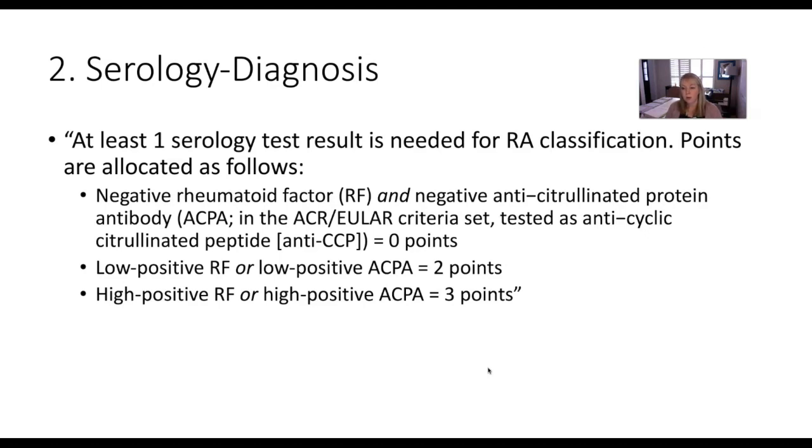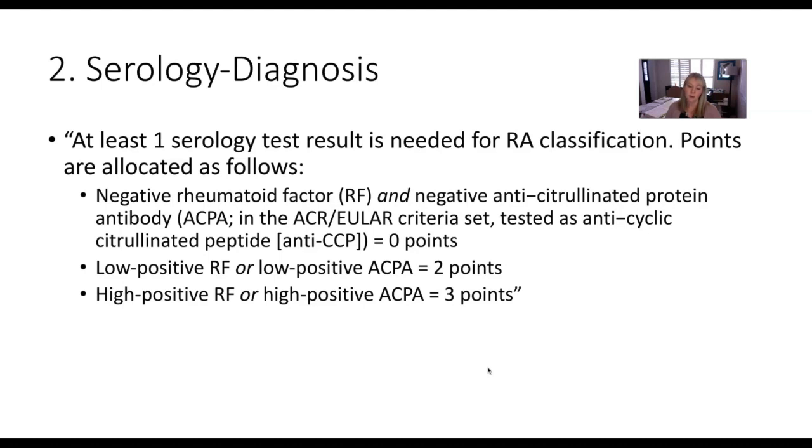So the serology, there's no reason why in primary care you can't get your usual CBC, CMP, a rheumatoid factor, and an anti-citrullinated protein, an anti-CCP. So you can go ahead and order those.